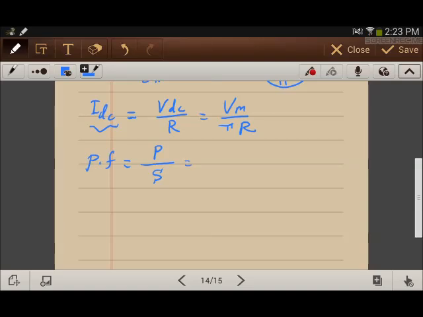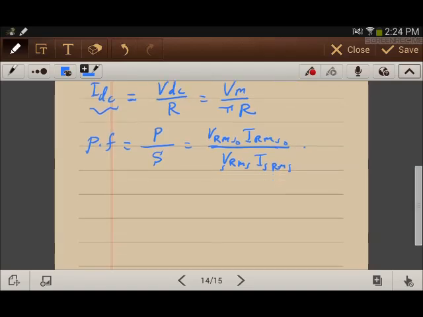And we know that the active power is simply the RMS voltage multiplied by the RMS current in the output side, divided by the RMS voltage of the source multiplied by the source RMS current.